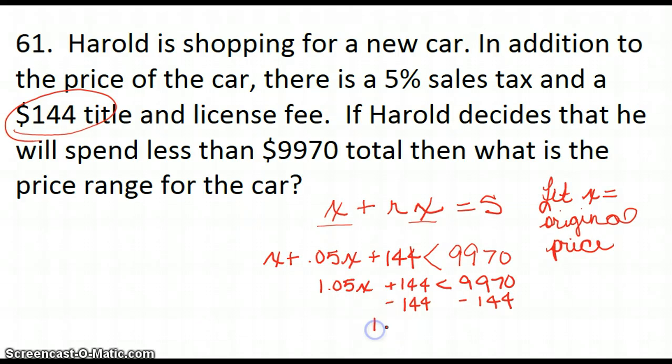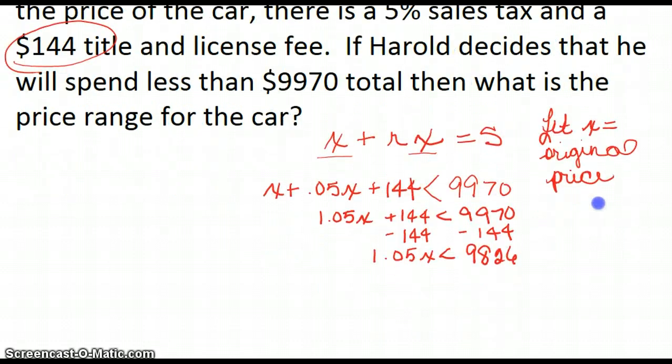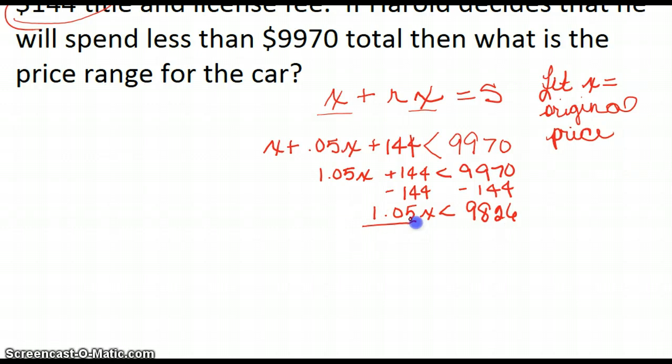I get that 1 5/100 X needs to be less than 9,826. Divide both sides by 1 5/100.